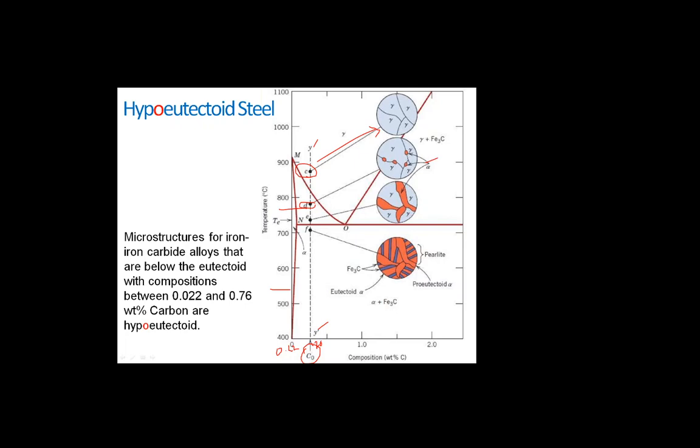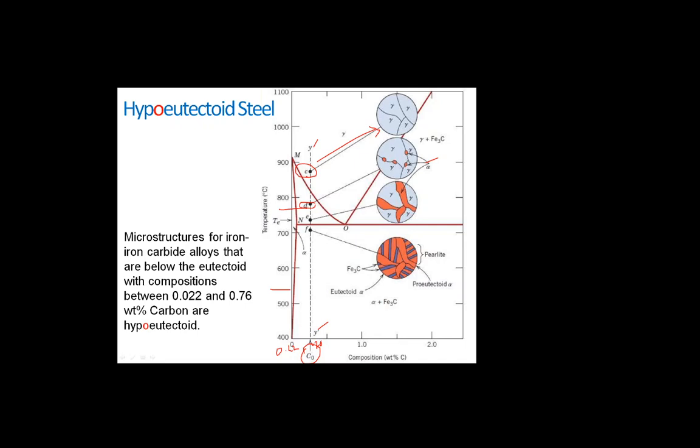Most of the small alpha particles will form along the original gamma grain boundaries. The compositions of the alpha and gamma phases may be determined using the appropriate tie line, corresponding to 0.02 weight percent and 0.4 weight percent of carbon.